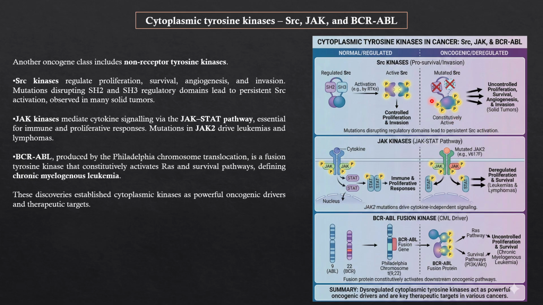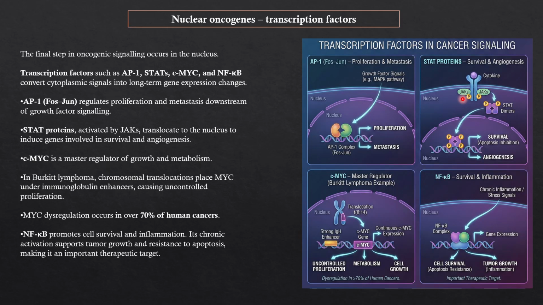Now, cytoplasmic tyrosine kinases in cancer are of different types like SRC, JAK, and BCR-ABL. Dysregulated cytoplasmic tyrosine kinases act as powerful oncogenic drivers and are key therapeutic targets in various cancers.